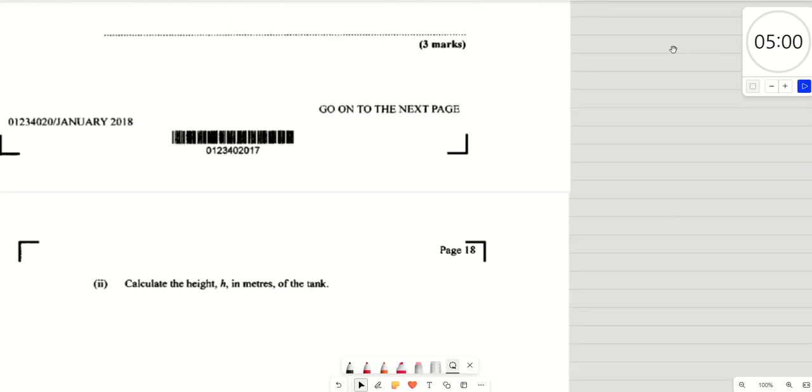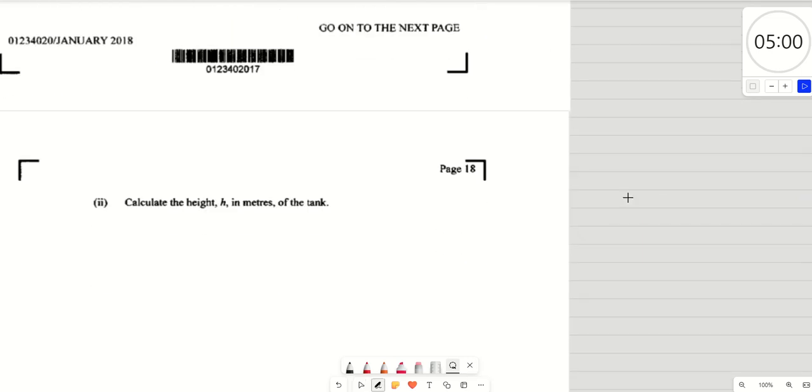We know that volume is equal to area times height, right? Volume would be 64.95 times the height, right?